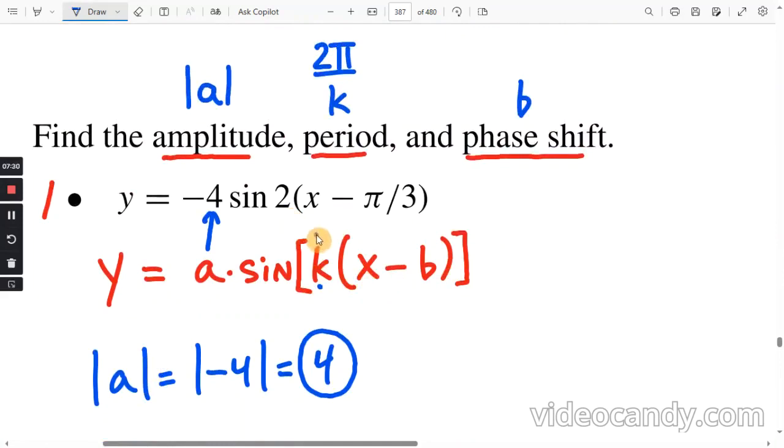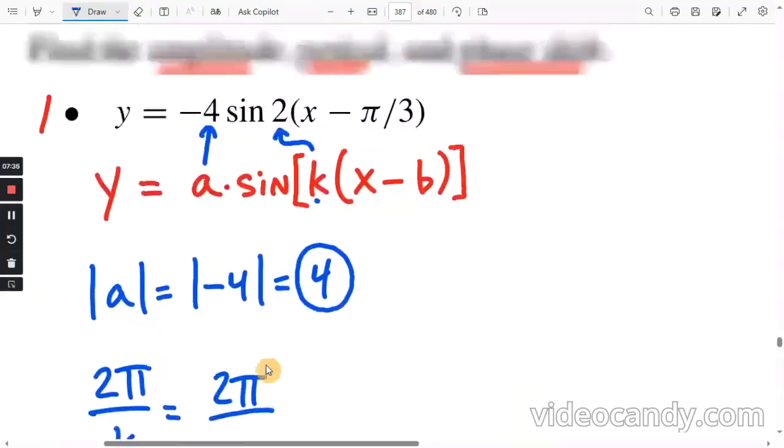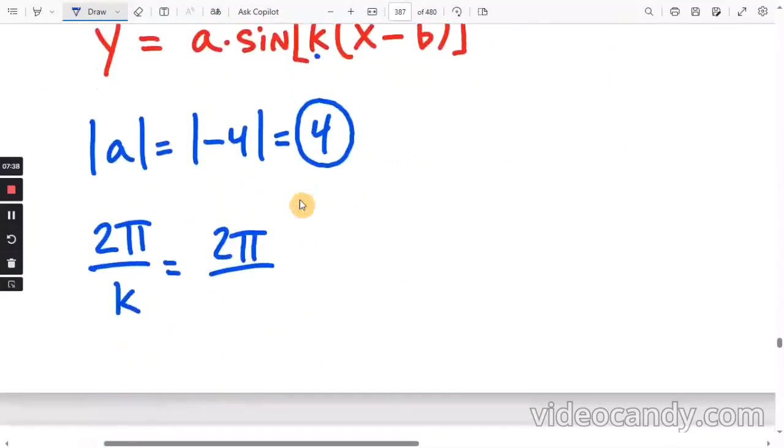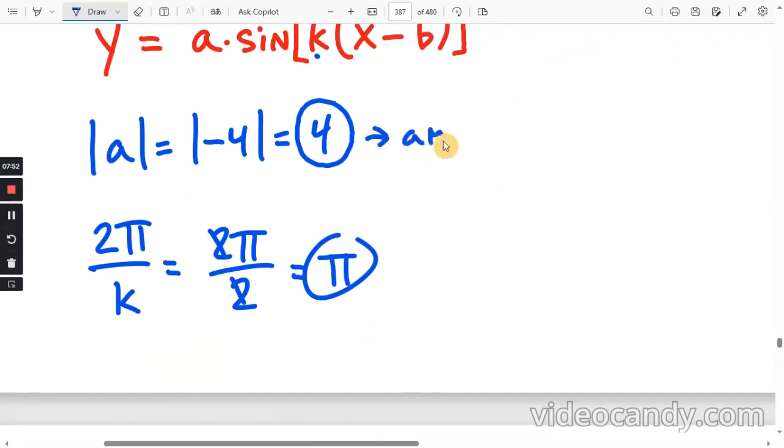So clearly this number 2 right here is the value for K. So since K equals 2, in the denominator I'm going to write 2, and of course the 2's cancel. 2 pi divided by 2 cancels, and the period is just pi. So the 4 was your amplitude, and the 2 pi over K was your period.